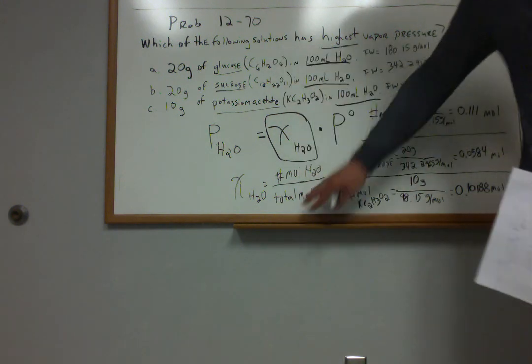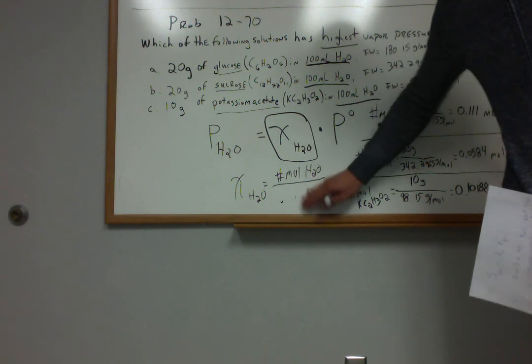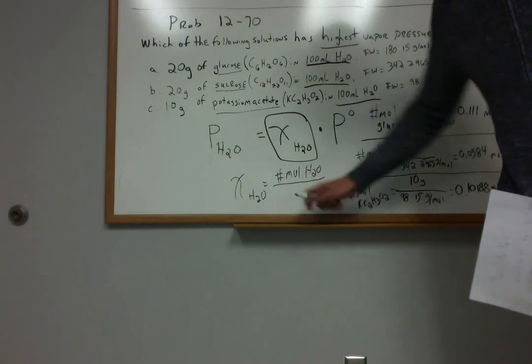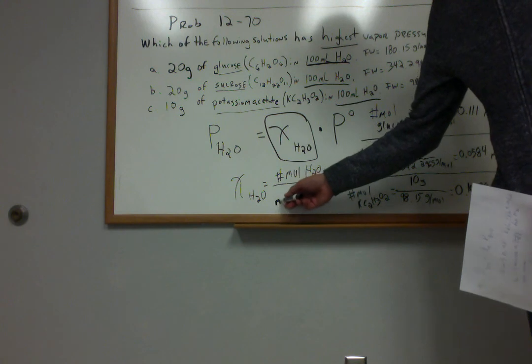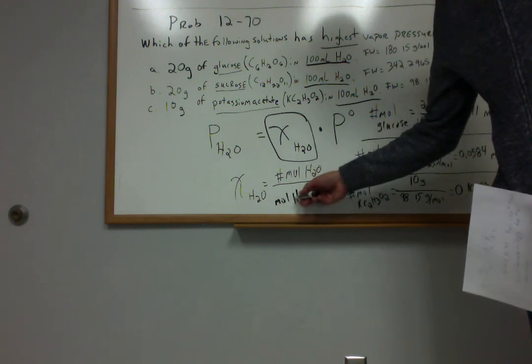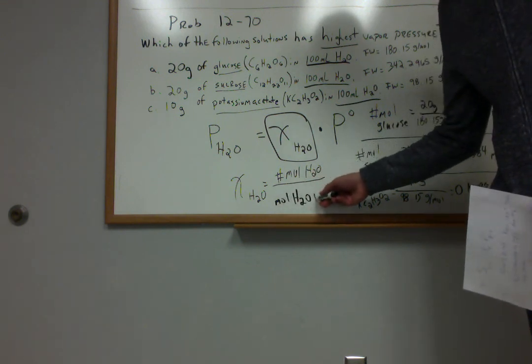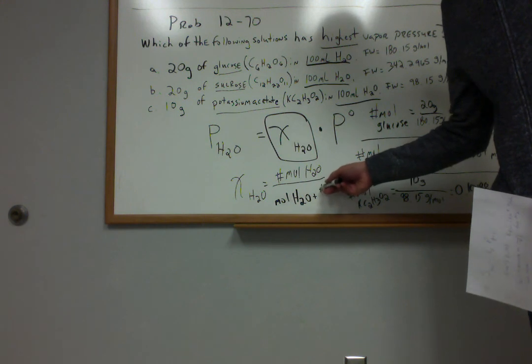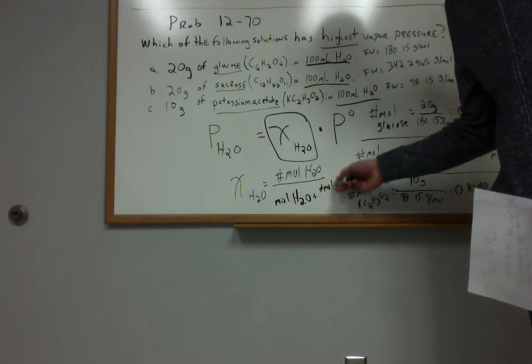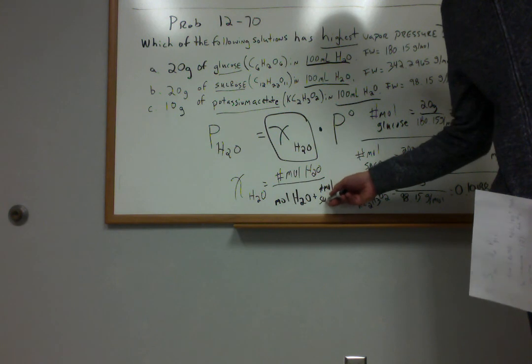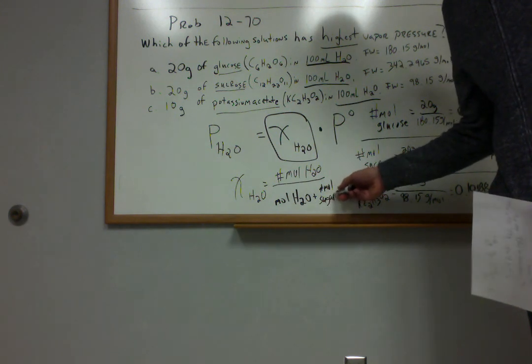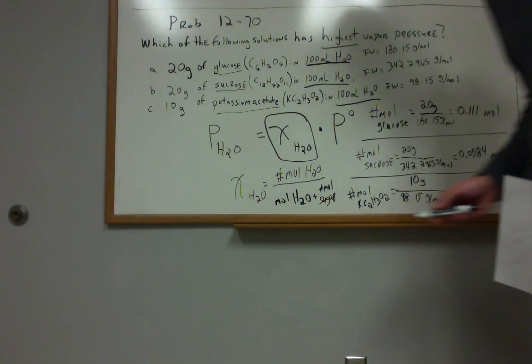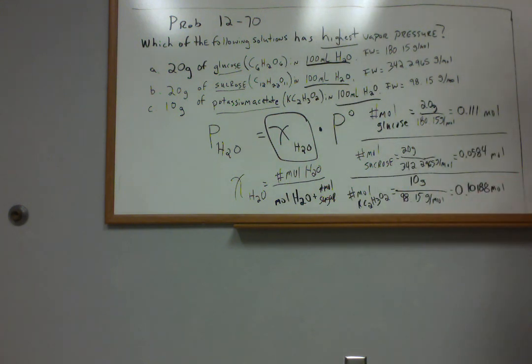Now, in the first two cases, that would be my number of moles of water plus my number of moles of the sugar, because both of the first two are sugars. Okay?